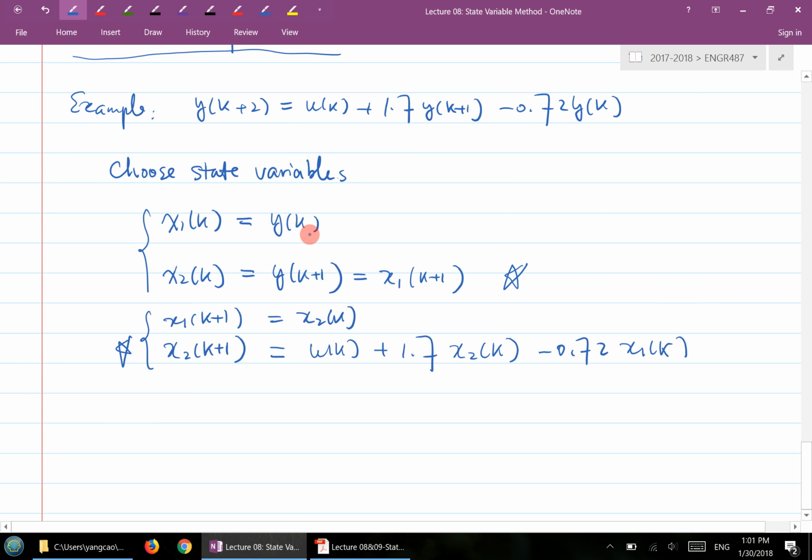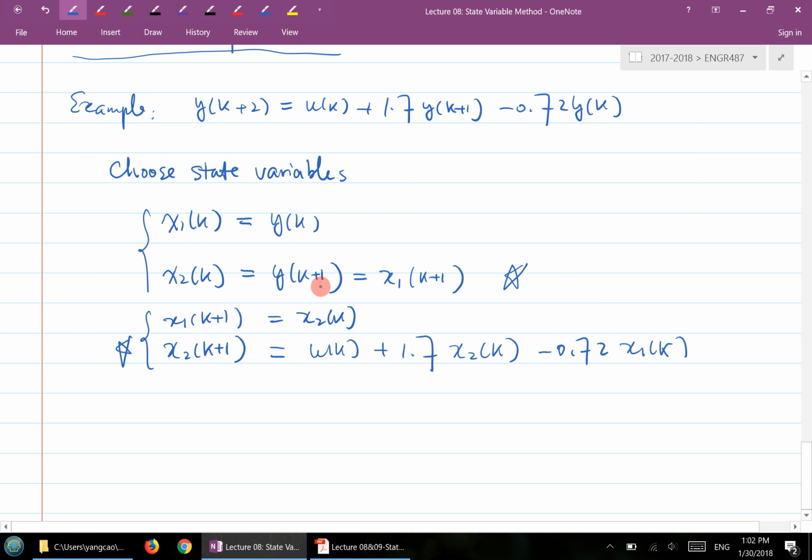Wouldn't that represent one state just one sampling time later? Yes, technically speaking, yes. This is the future of y of k. This is the current, and this is the next step. You see what I'm saying, right?